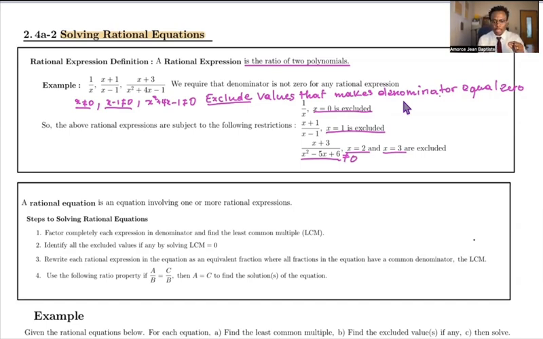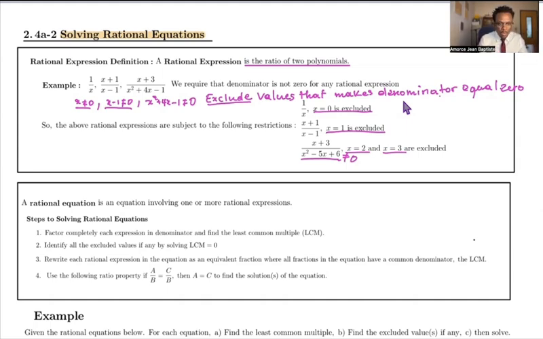The first thing that you want to do when you're solving a rational equation is check what values will make the expression in the denominator equal 0, if any, because if you have a constant in the denominator, it will never be 0.